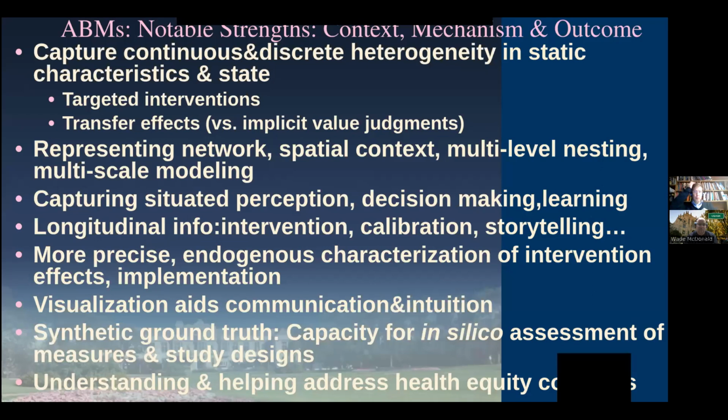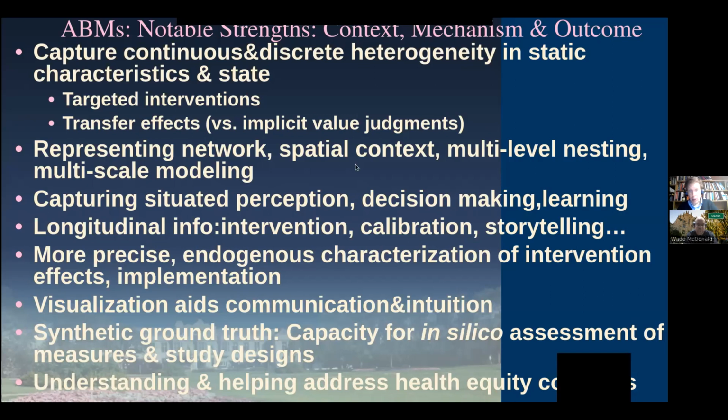Okay, so what are some advantages here of ABMs? Well, we can capture continuous and discrete and relational heterogeneity very readily, and aspects of state at the same time: evolving networks, aspects of continuous state, someone's tolerance for opioids, for example, someone's level of antibody response, someone's level of toxic stress, or what have you.